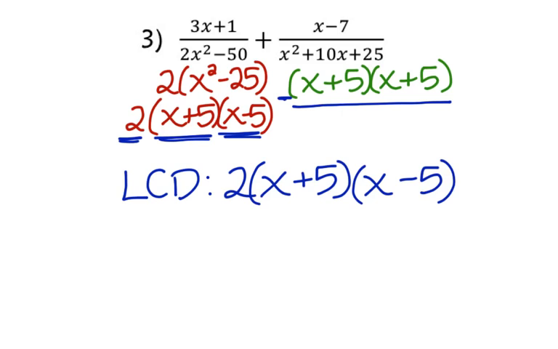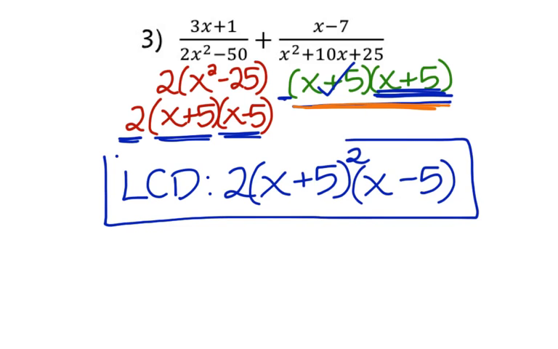We have 1 x plus 5 here. That's taken care of already. But then I have this extra x plus 5. Because this second denominator includes 2 x plus 5s, I need to include 2 x plus 5s in my least common denominator, and I can do that just by putting a squared on that.